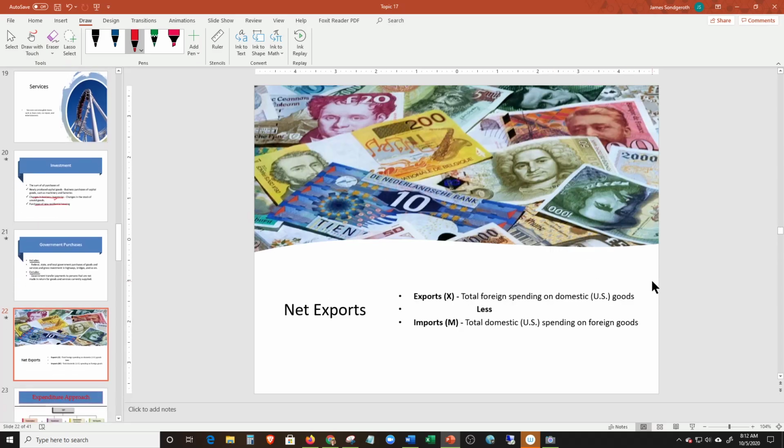And then net exports are exports of goods, even raw materials and intermediate goods and final goods produced here in the United States and sold to people abroad. And imports, of course, are the purchase of the same type of goods by households, business firms, and governments.